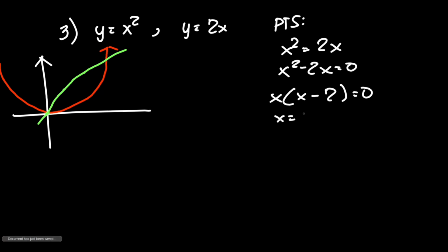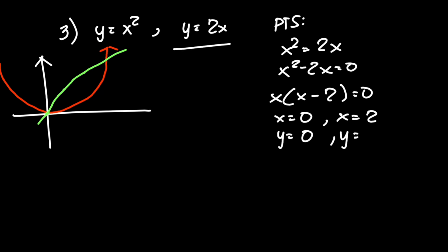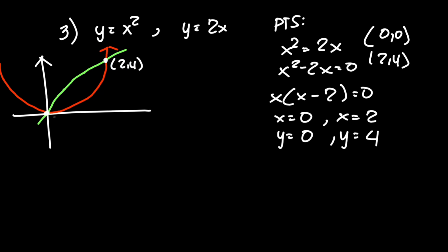So x would be 0 and x would be positive 2. If x is 0 right here, y right here would be equal to 0. If x is 2, substitute this, y right here would be equal to 4. And so the points of intersection would be 0, 0, and 2, 4. This right here would be 2, 4, and in here it would be 0, 0.